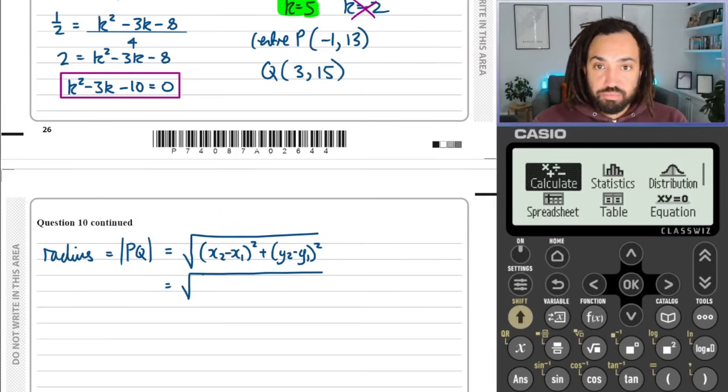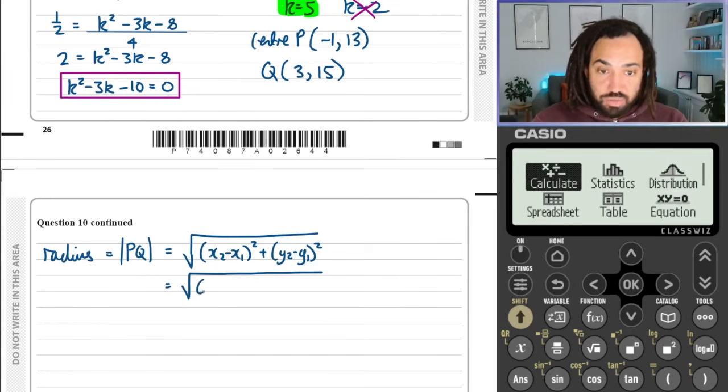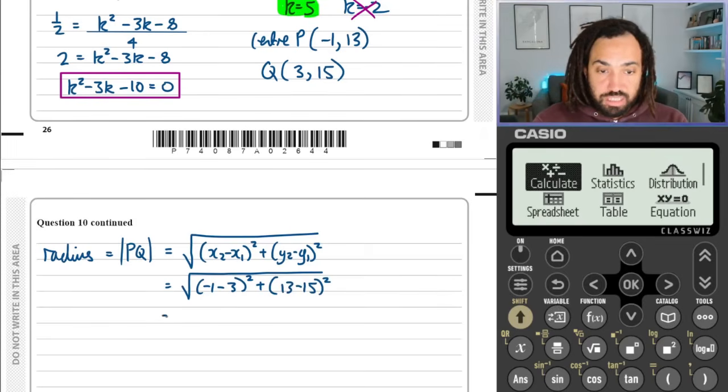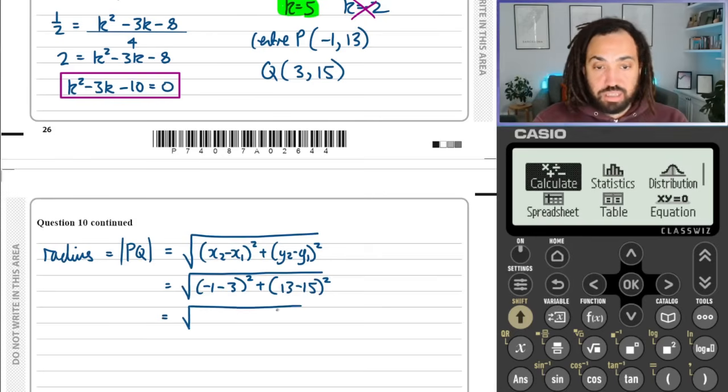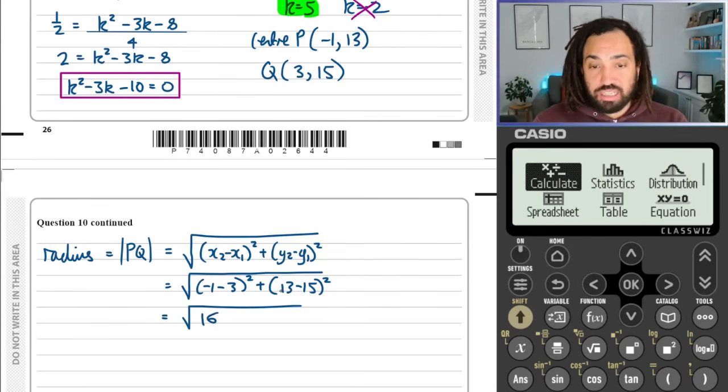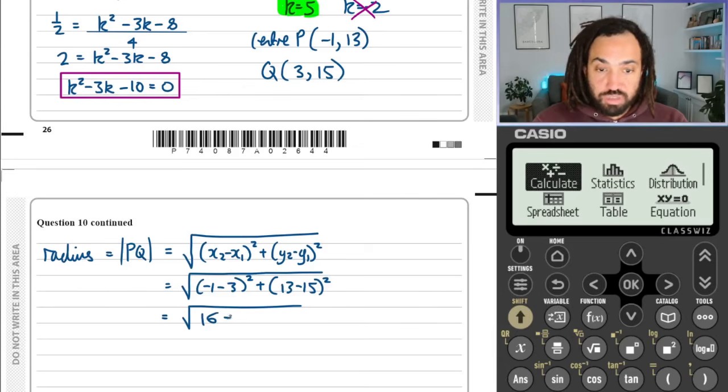Okay, so the difference in the x's, so it's -1, -3. The difference in the y's is 13 minus 15 squared. So this gives us, that's 4 squared, so that's 16. And this one here will be, well, that minus 4 squared is still 16, and this will be minus 2 squared, which is 4. Okay, so the radius is root 20.